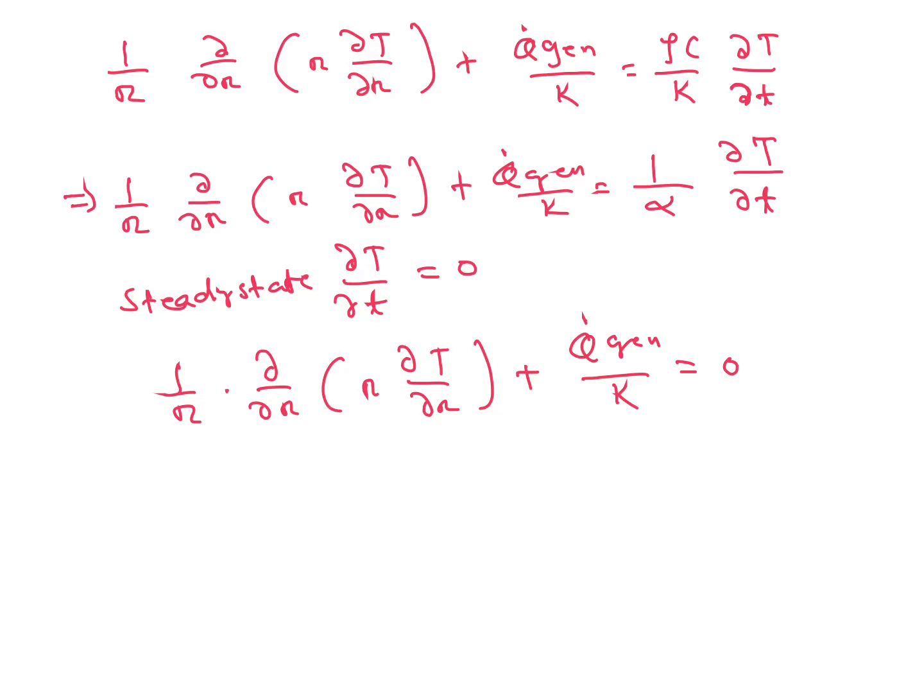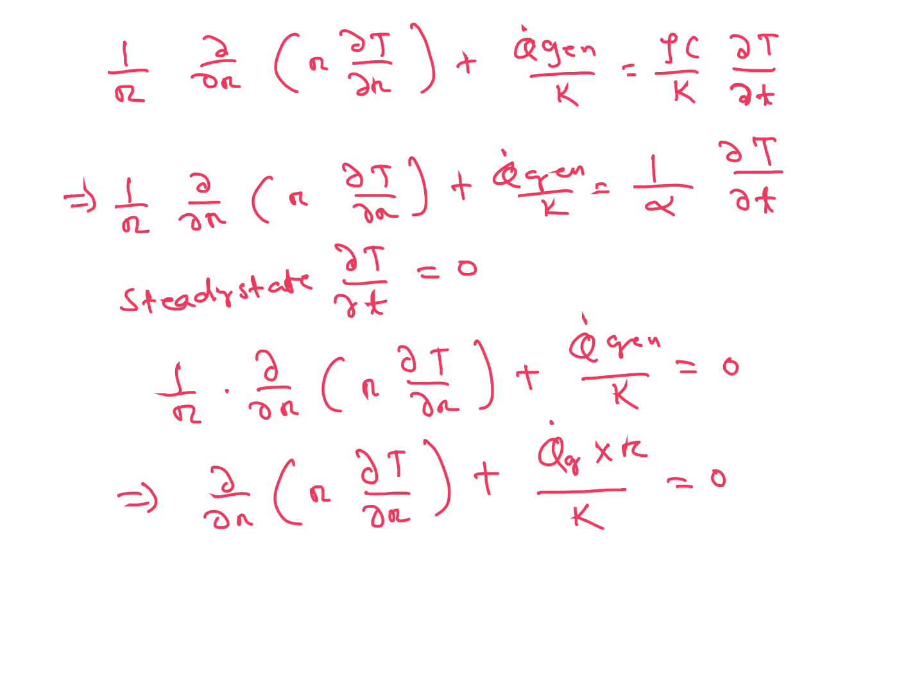Multiply r: d by dr of (r dT by dr) plus Q generation into r by K equal to 0.